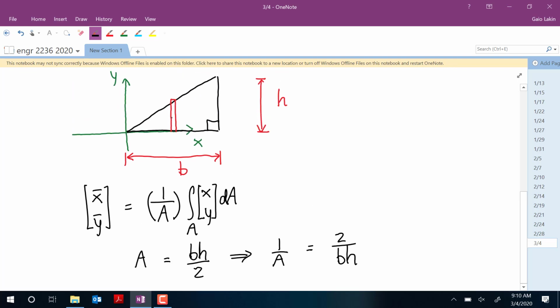And then for this little strip here, this is our dA, okay? This is one of our dAs. And so we have to figure out the area of that. That's going to be our dA. And we have to come up with the x and y.